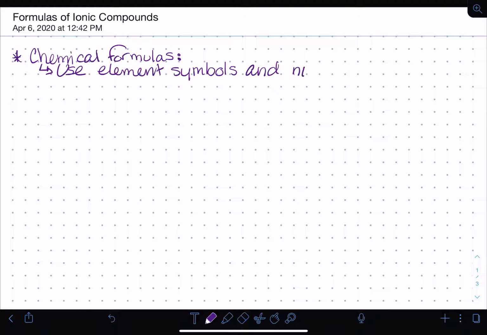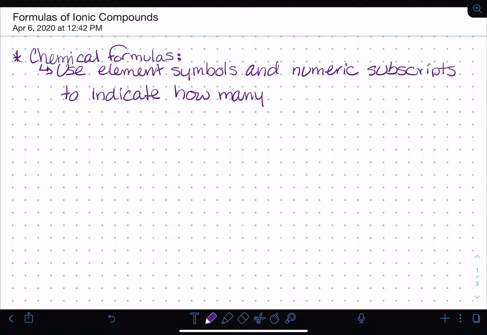And we use numerical subscripts to indicate how many. So we use element symbols and numeric subscripts to indicate how many atoms of which elements are present in a compound or molecule.